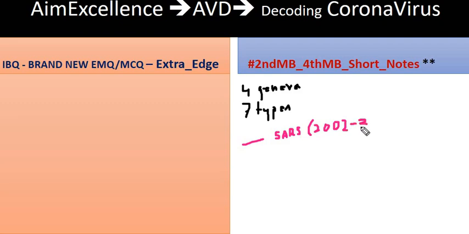Next in line is MERS. MERS stands for Middle Eastern Respiratory Syndrome, which occurred in 2012-13.